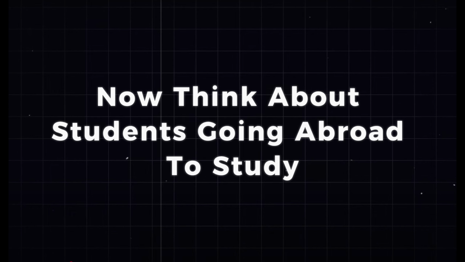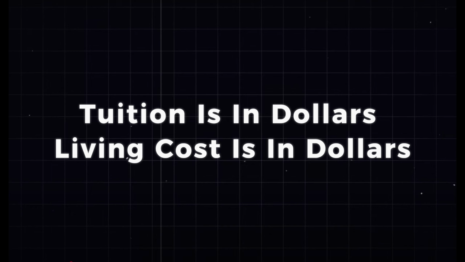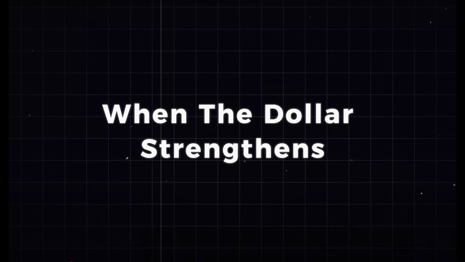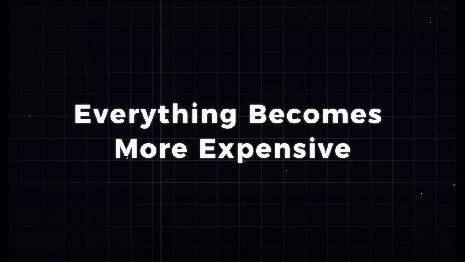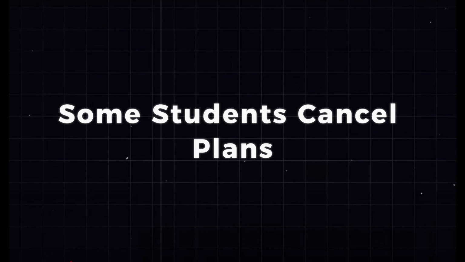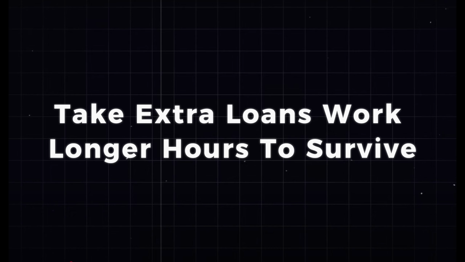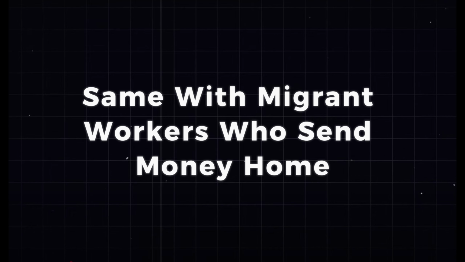Now think about students going abroad to study. Tuition is in dollars. Living cost is in dollars. When the dollar strengthens, everything becomes more expensive. Some students cancel plans, take extra loans, work longer hours to survive. Same with migrant workers who send money home.